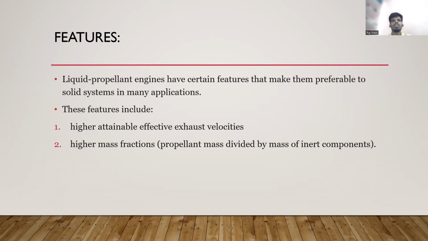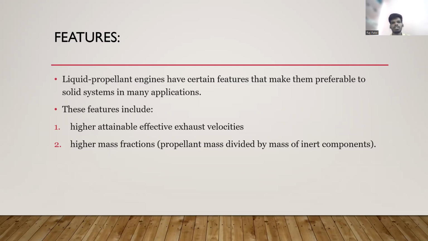It has a high specific impulse, so it burns the fuel very speedily, and the exhaust velocity is much higher compared with solid rocket motors. It also has higher mass fractions, propellant divided by the inert mass components.